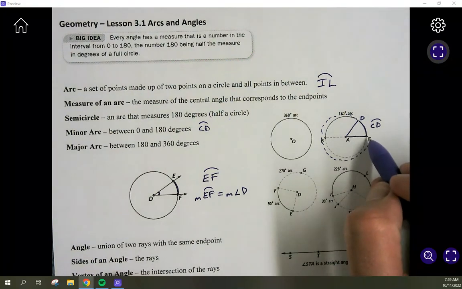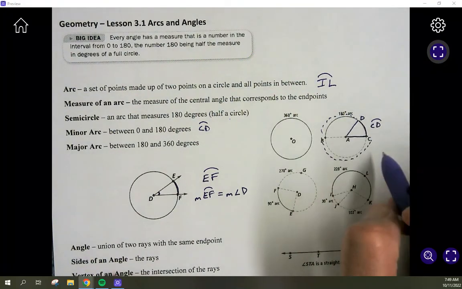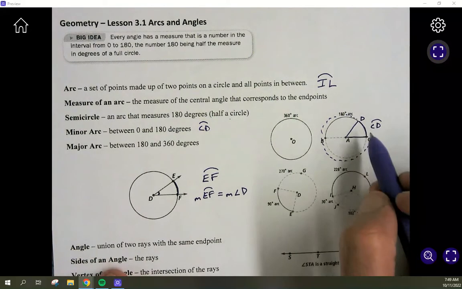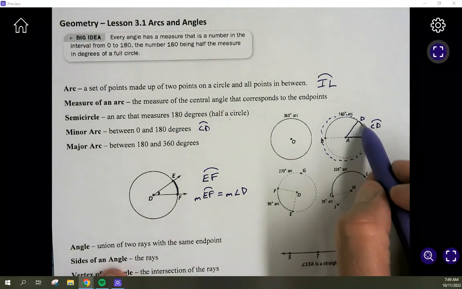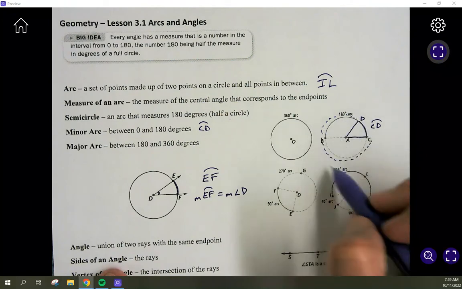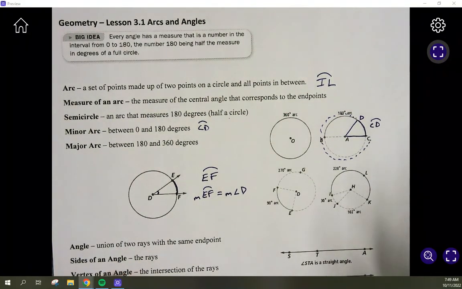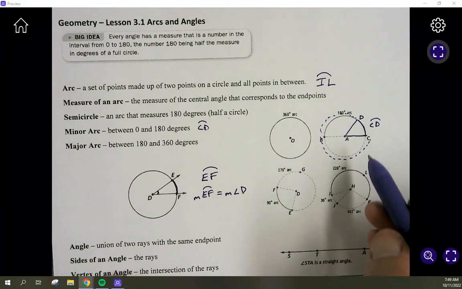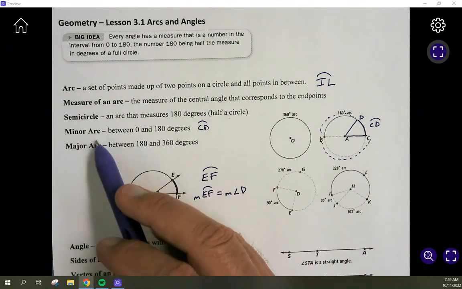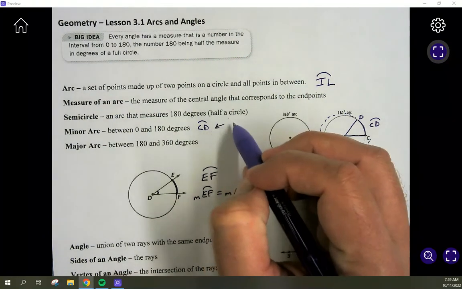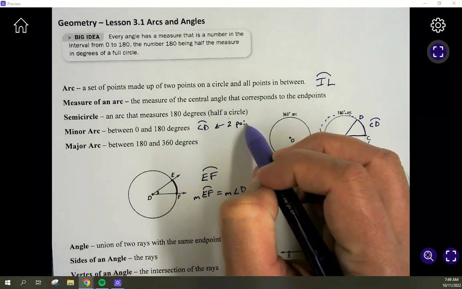Now if you look, I'm going from C to D again. And so if I just keep calling it arc CD, and there's actually two different arcs, one's very small and one's very big in terms of their measures, I would get confused which one's which if I called them both arc CD. So minor arcs are traditionally named by 2 points.